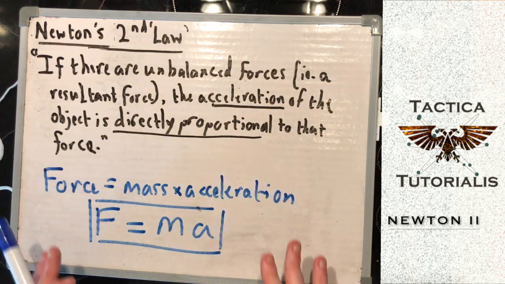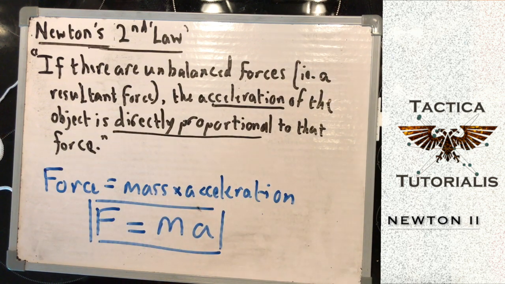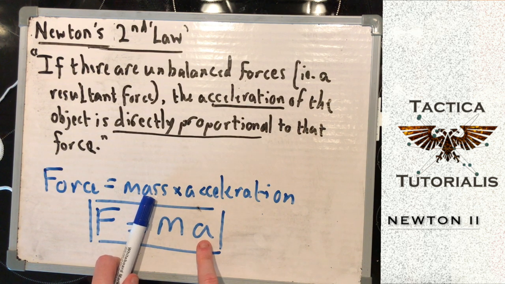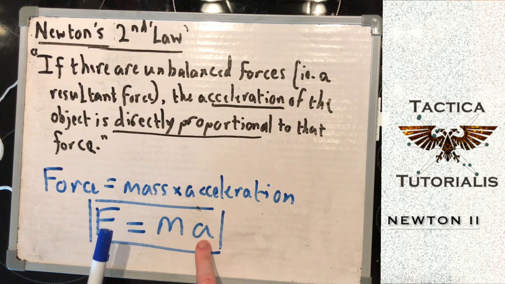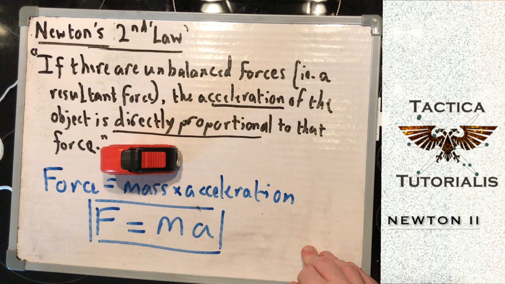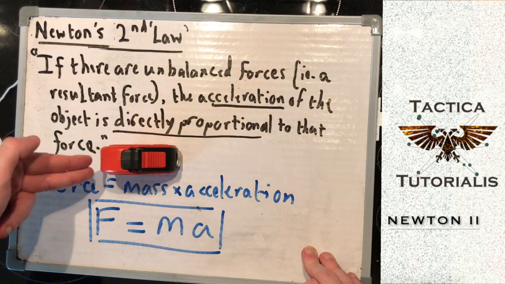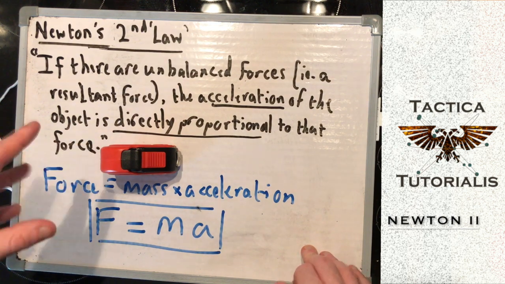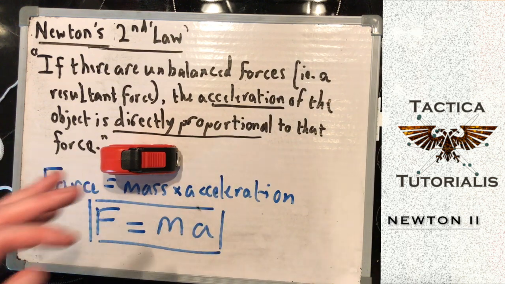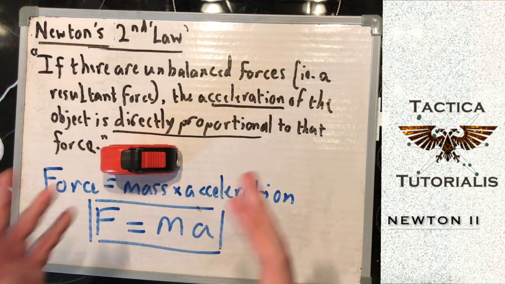So if there is a force applied to an object, then that object will accelerate. And the acceleration times by a constant, that being the object's mass, is equal to the force applied. So to come back to my trusty tape measure, my tape measure at the moment is sat still. I'm now going to push it. So I'm going to apply a force to it, which is going to unbalance the forces on it.